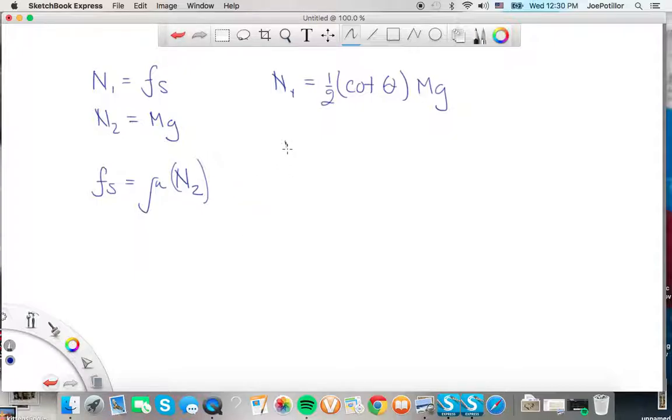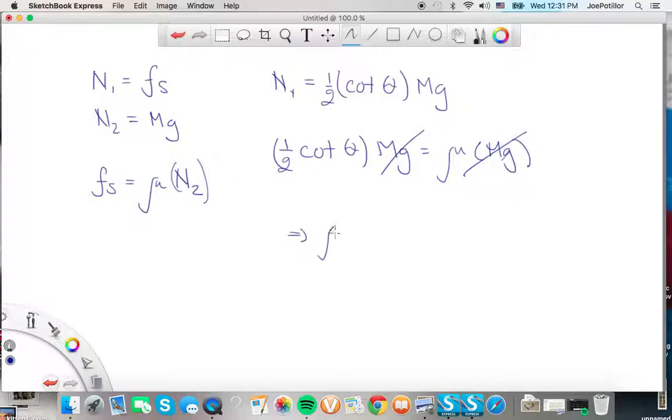So I end up with 1/2 cotangent of angle theta times mg is equal to mu times mg. Mg kills mg, and we end up with mu is equal to 1/2 cotangent of angle theta. Easy enough.